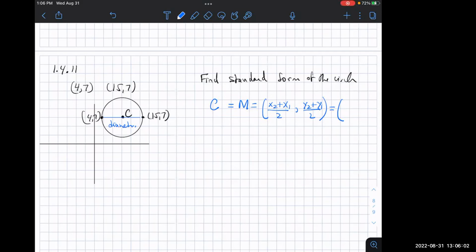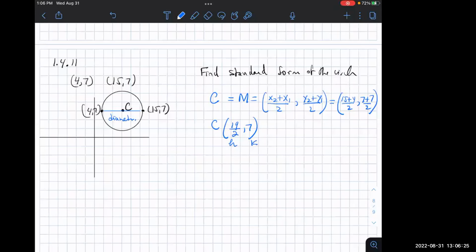15 plus 4 over 2 and then 7 plus 7. Simplify and we get 19 over 2 and then 7. So we have the center, h and k. What is the radius?